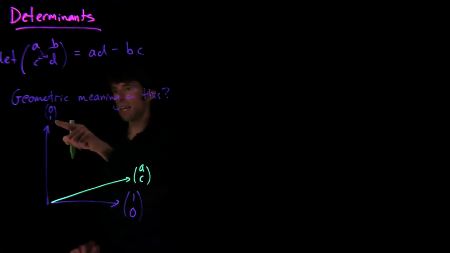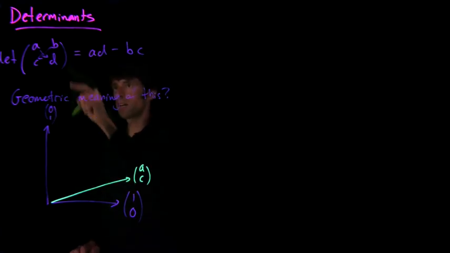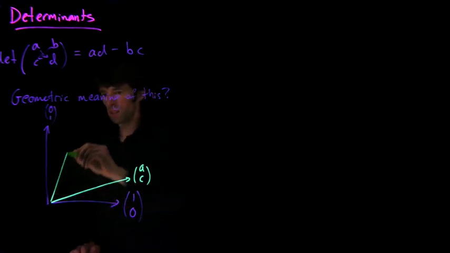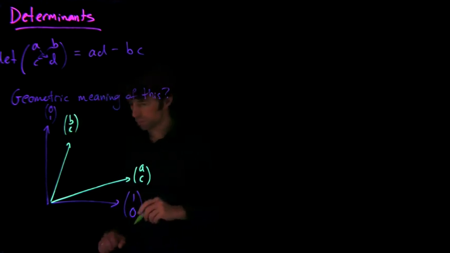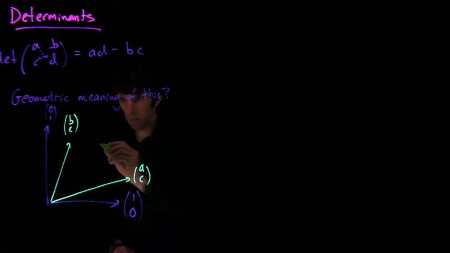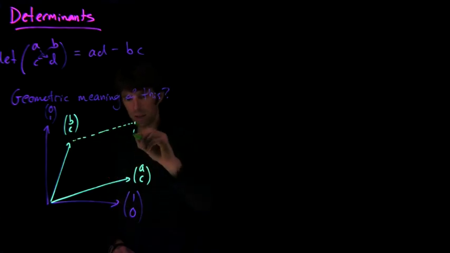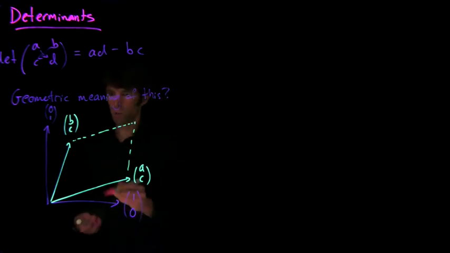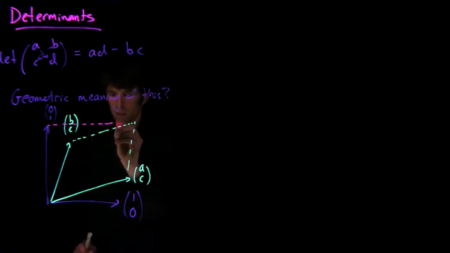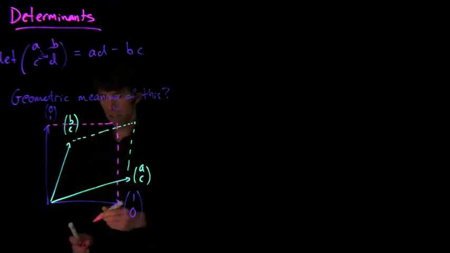And it sends the second unit vector to the vector BD. Now let me think about making a parallelogram out of these two and contrast that with the original unit square there.